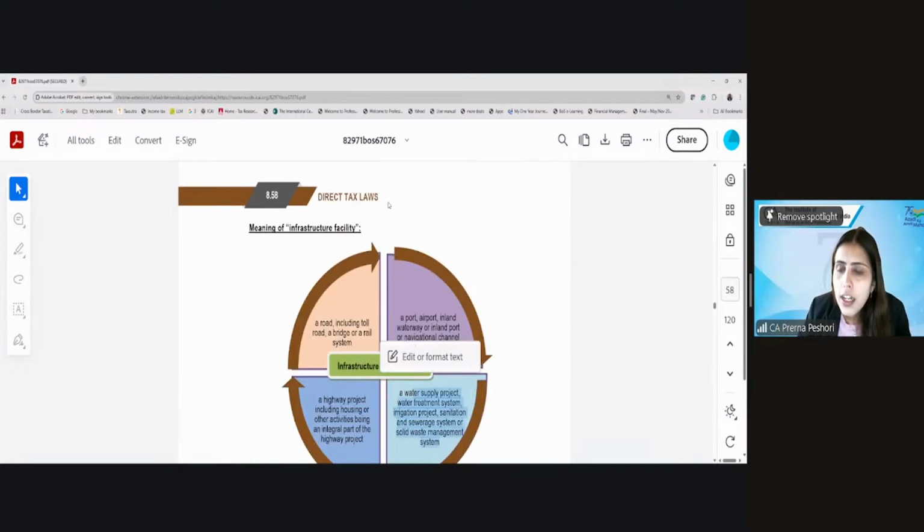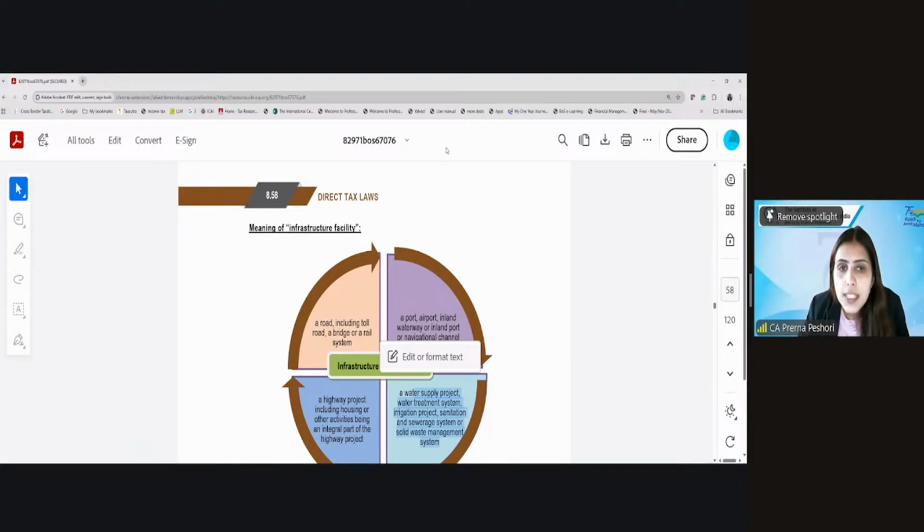These are the kinds of infra facilities. Either you are developing this, or operating and maintaining it, or developing, operating and maintaining it. This is to boost infra facility and give incentive to businesses to enter into infrastructure development, and they can claim the tax exemption. Are we getting this?